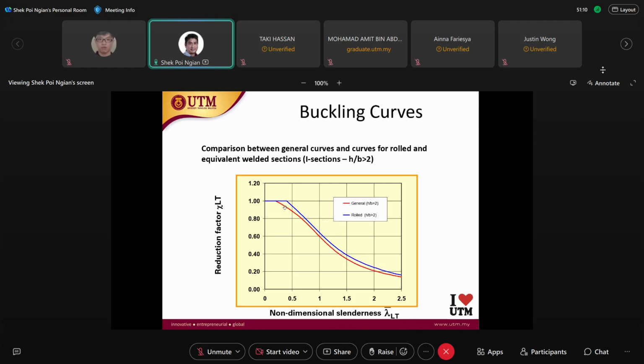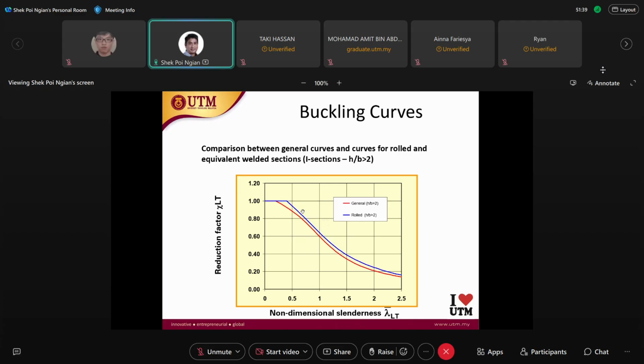So the blue line gives you a higher reduction factor, meaning less reduction in the resistance. So in the end, you will get a higher buckling moment resistance if you are using the rolled method. If you're using the general method, you have a lower value for your buckling resistance.